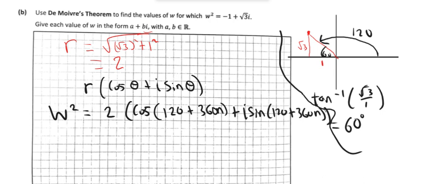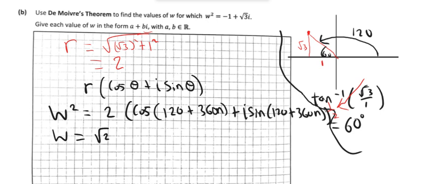De Moivre's theorem then allows us to move this 2 in, or kind of square root the right hand side. So w will equal, this is what it says, that will become a 2, and the 2 goes in. Really it's to the power of a half, so there should be a half in there, as you can see I drew it in. The half actually goes in and gets multiplied by the angle.